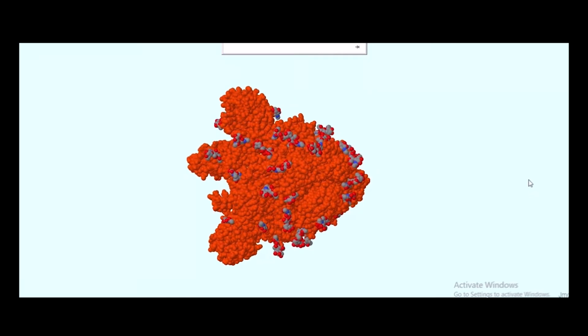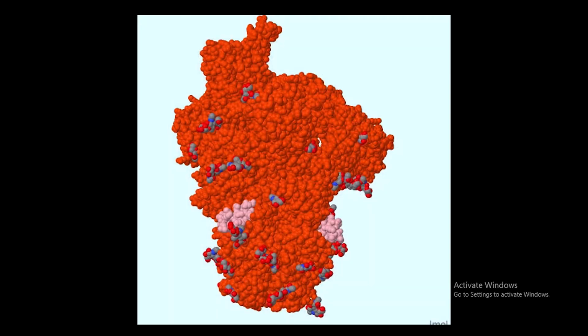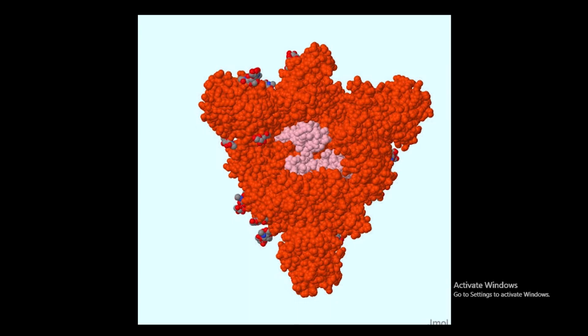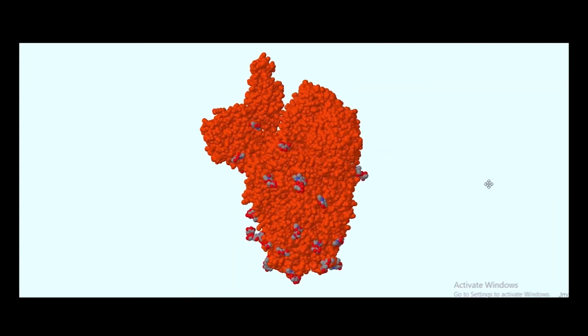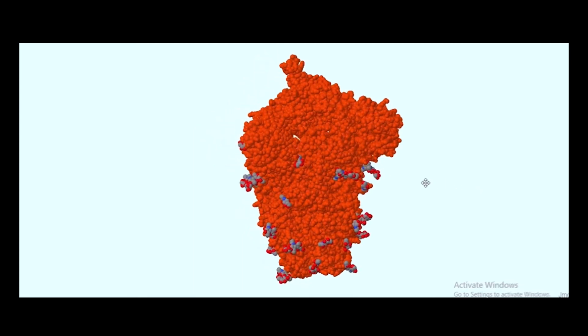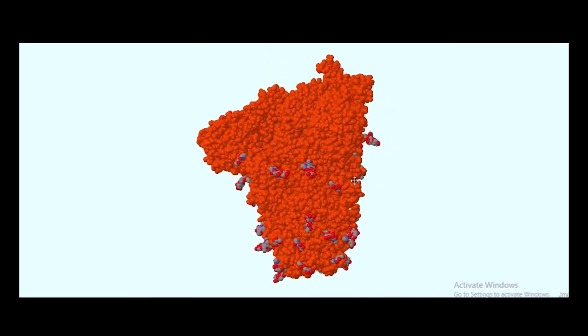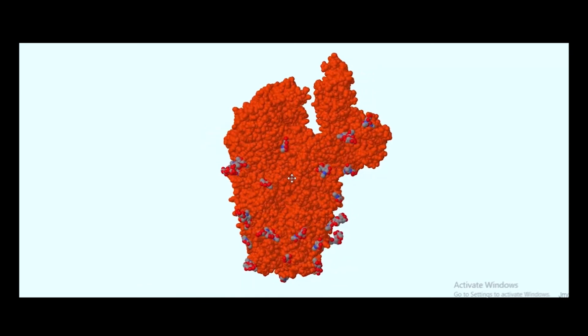The S2 subunit houses the fusion peptide, heptapeptide repeat sequence 1, also known as HR1, as well as HR2, the transmembrane domain, and the cytoplasm domain. HR2 generally mediates viral cell membrane fusion by forming a 6 helical bundle.